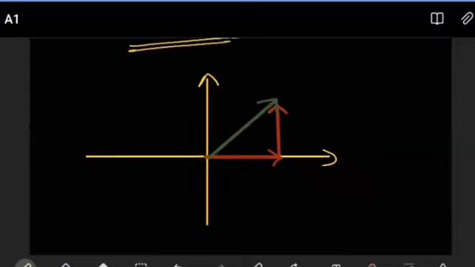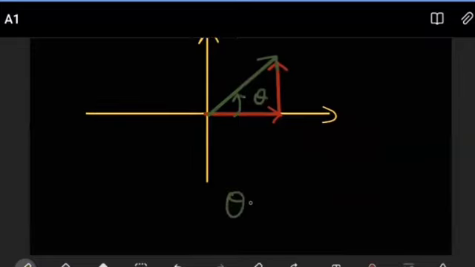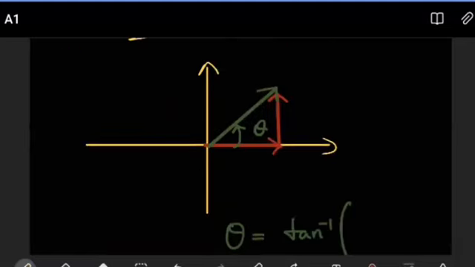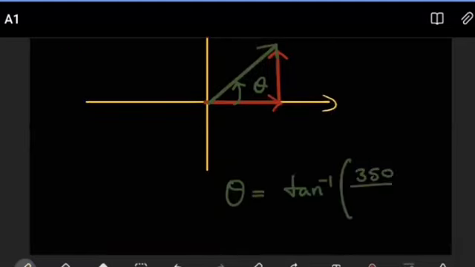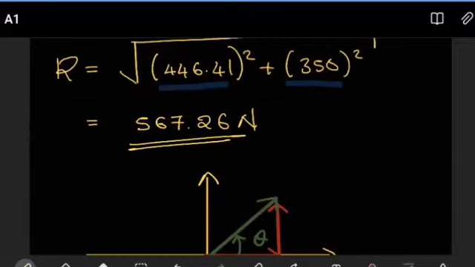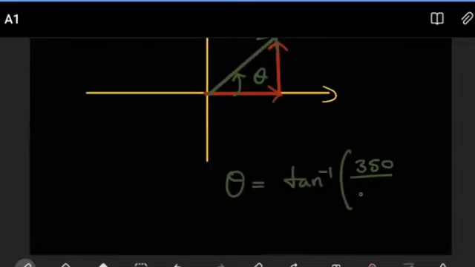So when I'm finding the direction, I am actually finding an angle that starts from the positive x, anti-clockwise coming there. This is where that direction theta is. So this is actually fine. So I can easily say theta is equal to tan inverse of the y component, which is 350, over the x component, which is 446.41.